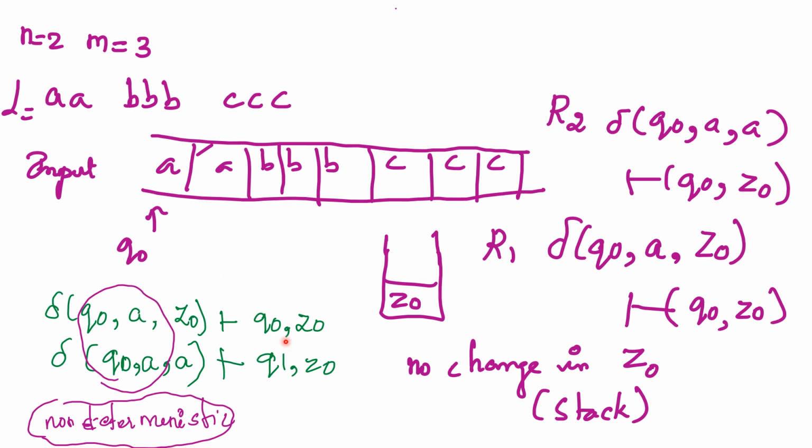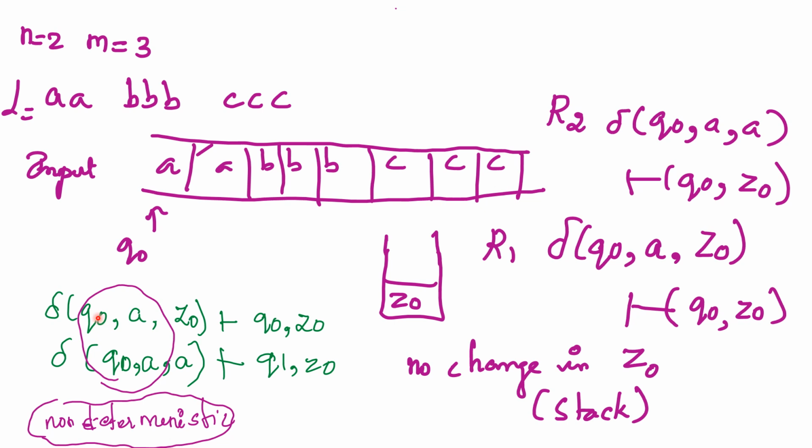The state is q0, Z0. Any possibilities may arise, suppose the top of the stack symbol is a in that case. We can just move the state only, or we can change the state also. No need to change here.